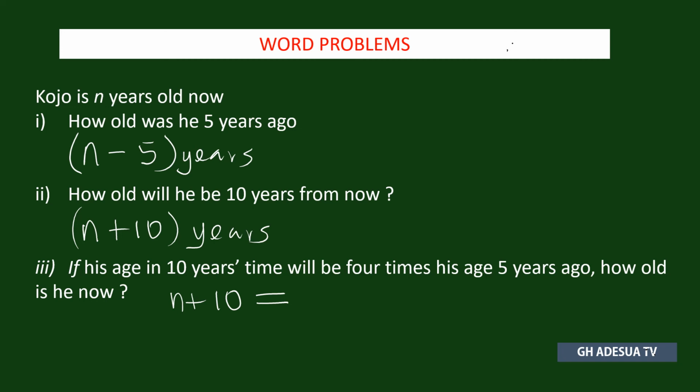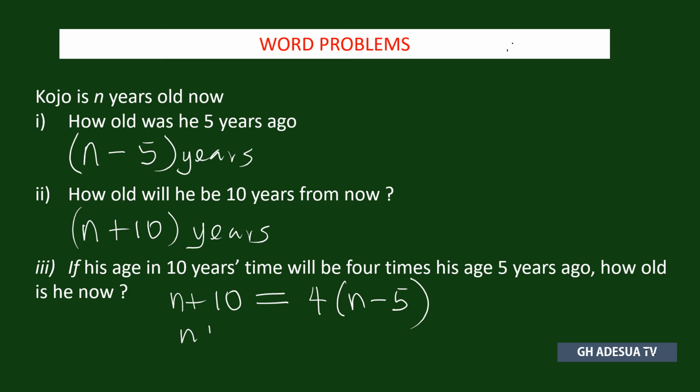So 4 times that age, that is 4 into bracket n minus 5. Now this is the equation for this statement. So we just solve and then you find n. When you find n, that is his age now.